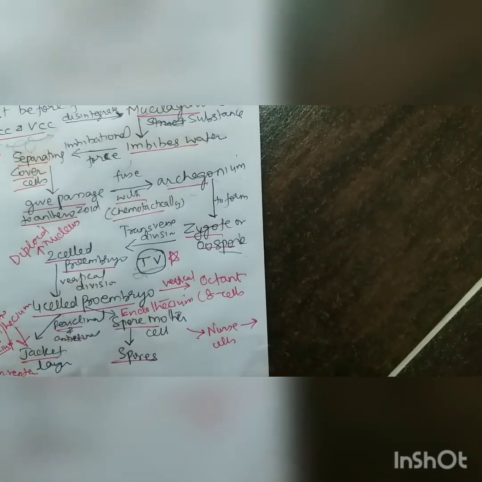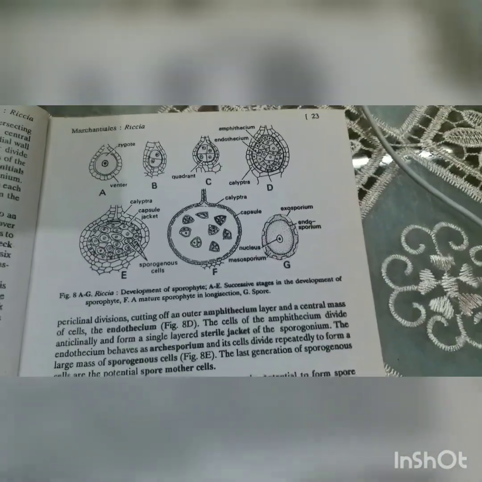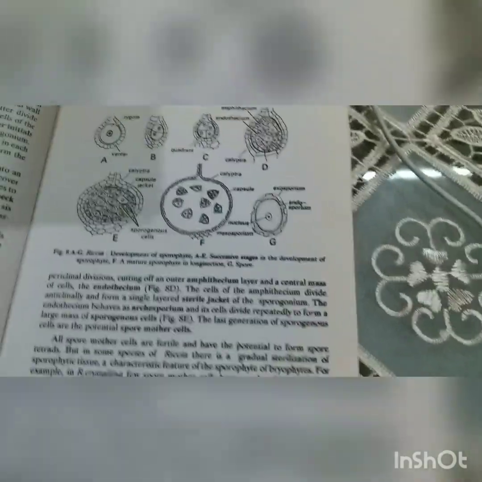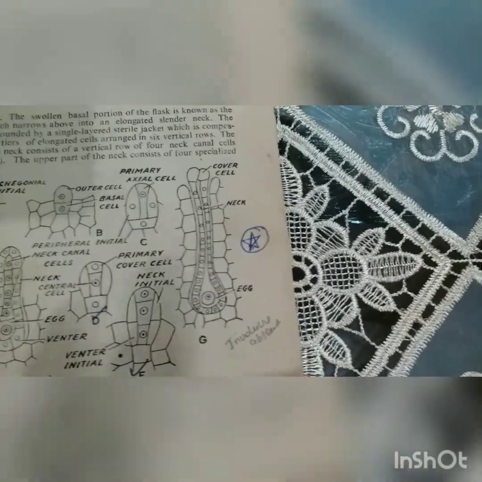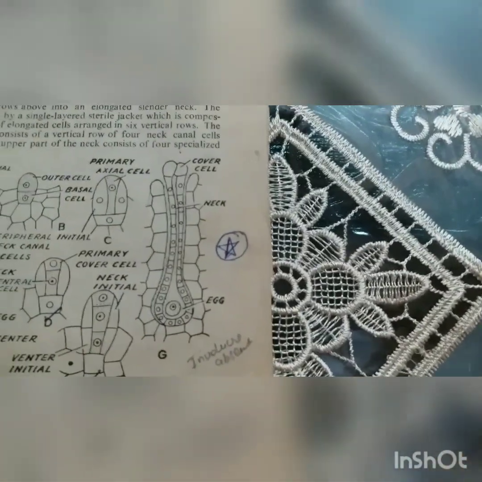So then we are coming to the next part. Before that, I will come here. See, I'm showing you the sporogonium, and now we are coming back again to the archegonium, which we have already done.